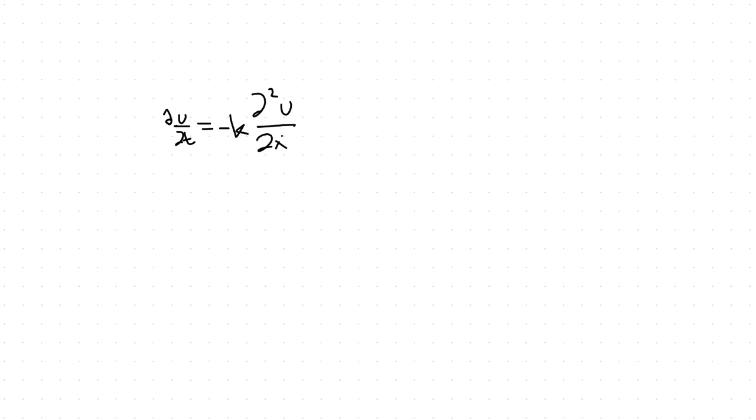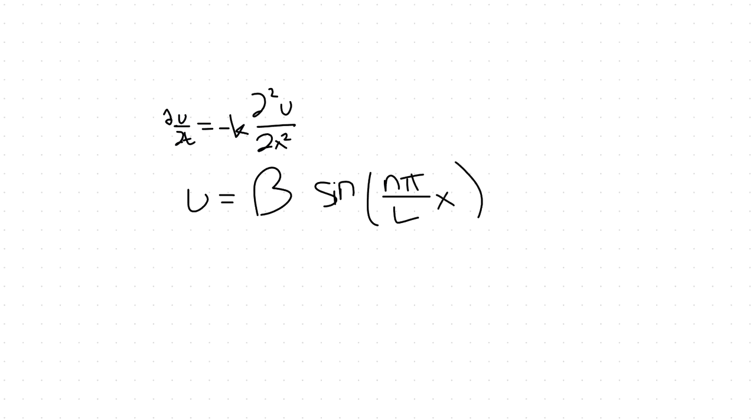And we found that a solution to this equation is u equals b times sine n pi over L times x times e to the minus n squared pi squared over L squared, or e to the minus k times n squared pi squared over L squared t. Great.